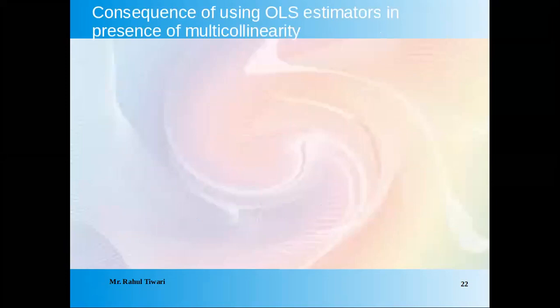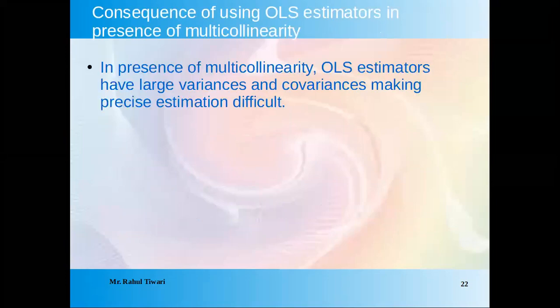Okay. Now, the consequences of using the OLS estimator in the presence of multicollinearity. In the presence of multicollinearity, as we discussed, OLS estimators have larger variance and covariance, making precise estimation difficult.